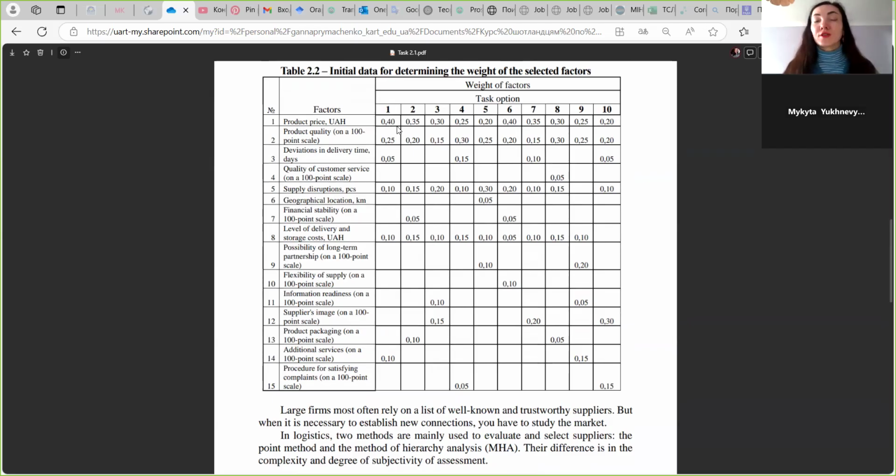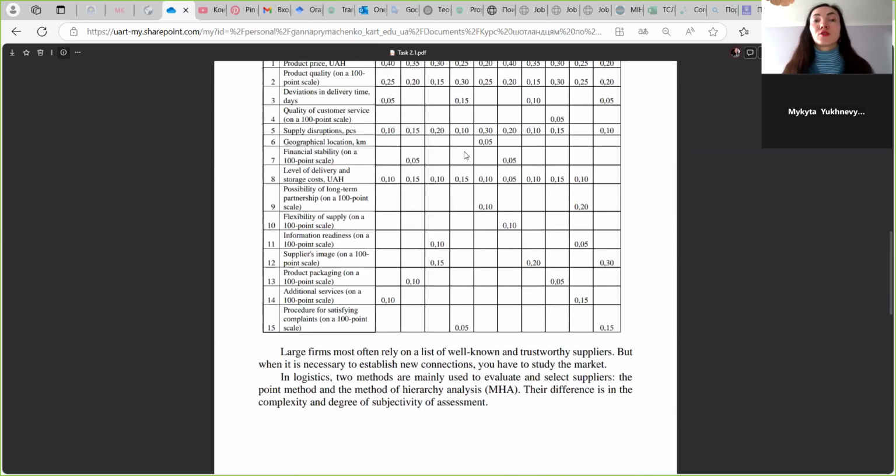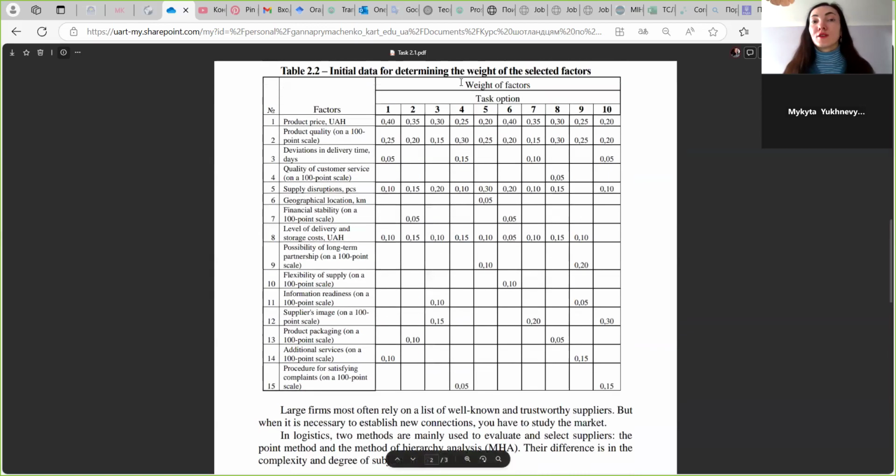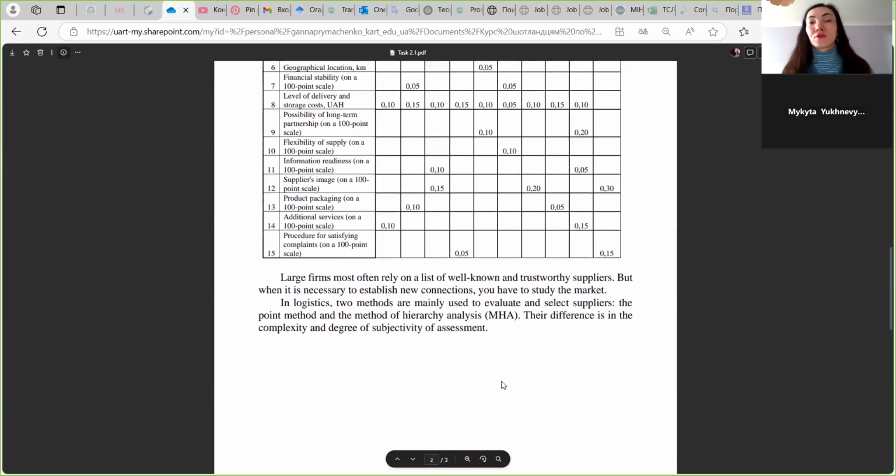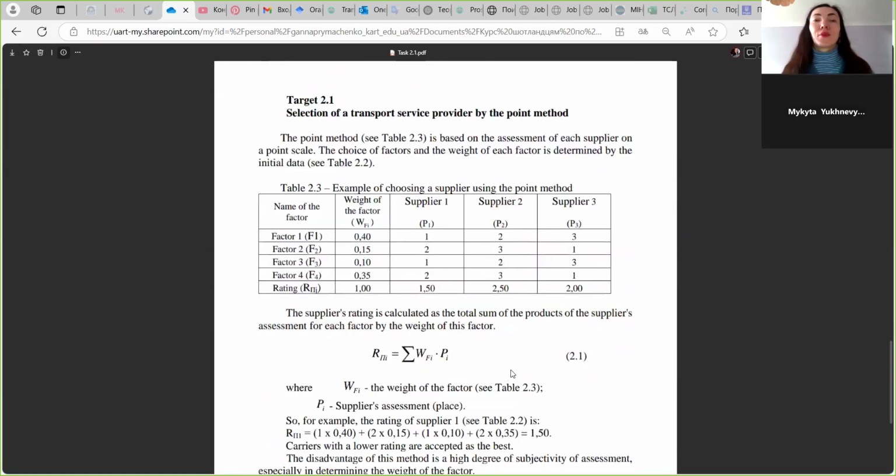If we use this parameter in percent, product price is very important for this company. Other variants have a different situation, but product price we could see for every company, and product quality also, but something else could be changed for every company.